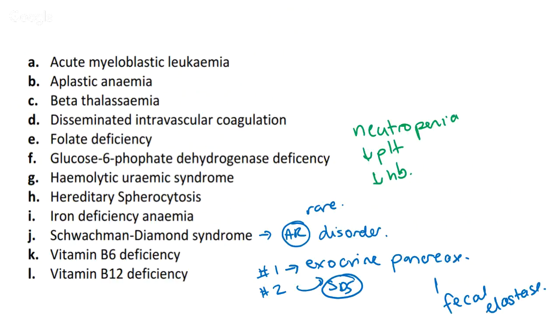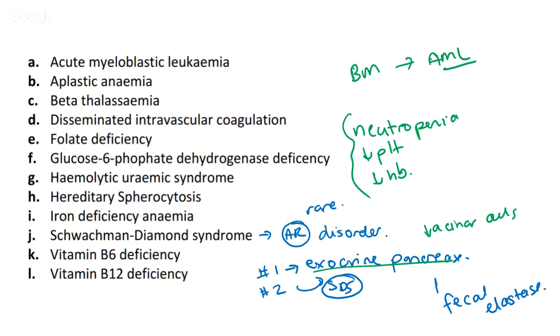Those are the classical findings. The reason you have exocrine pancreas dysfunction is because you do not have acinar cells, whereas in CF it's just a blockage. Shwachman-Diamond is a bone marrow failure syndrome, and continuous bone marrow failure can eventually, in some patients, result in AML. That's just another thing to remember.